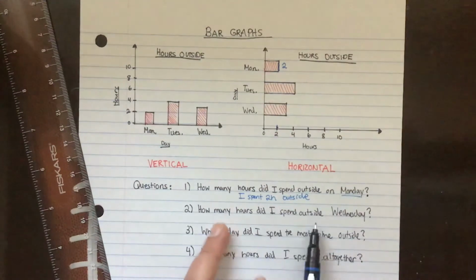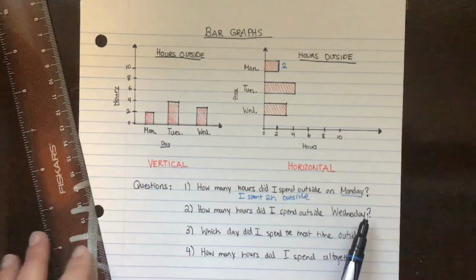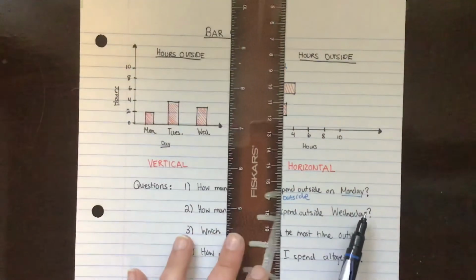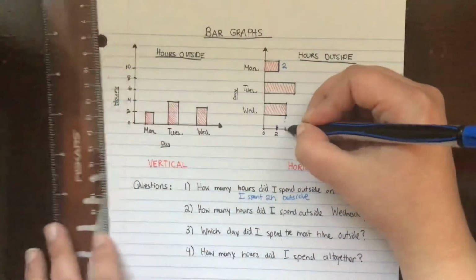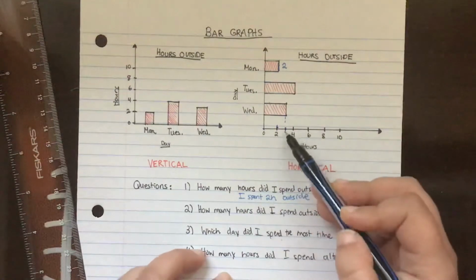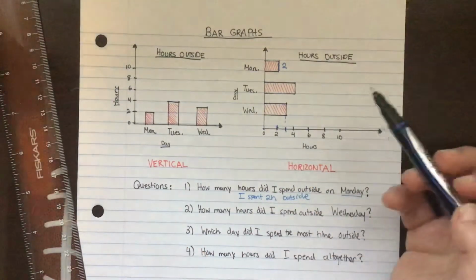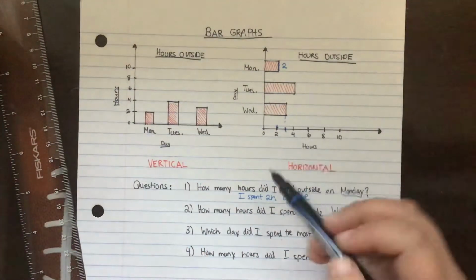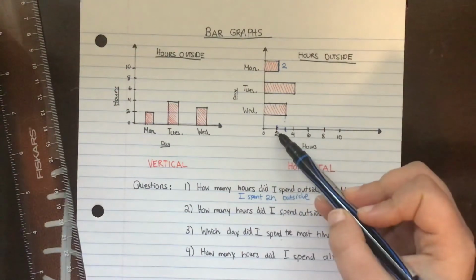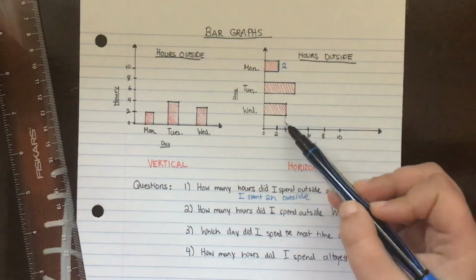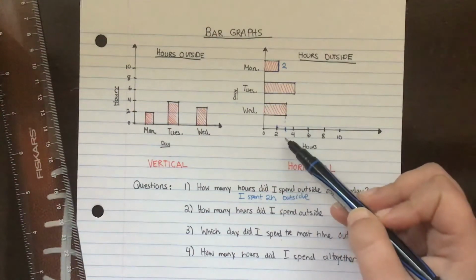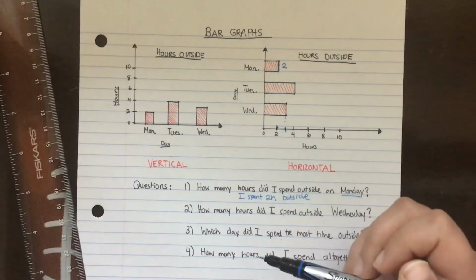How many hours did I spend on Wednesday is the next question. So once again, I'm going to take my ruler, I'm going to line it up with the end of my bar, I'm going to bring it down, and it lands in the middle of my scale. So let's think together for a minute, grade 4s. If this part of my scale means 2 hours, and this part means 4 hours, and this falls right in between, how many hours do you think that represents?